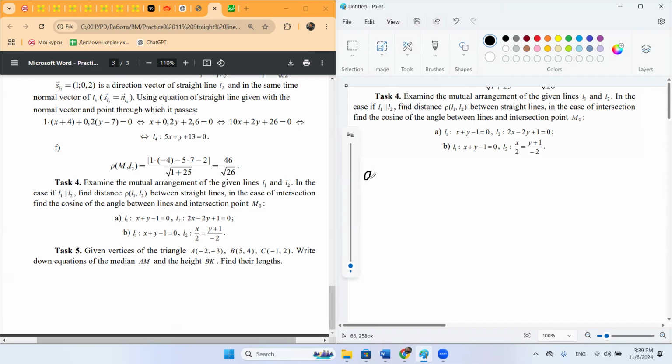We have two lines, L1 and L2. First of all, we need to examine if these lines are parallel or intersecting. If parallel, we need to find the distance between them. If they're intersecting, we need to find the intersection point and the cosine of the angle between them. So let's solve the first part.